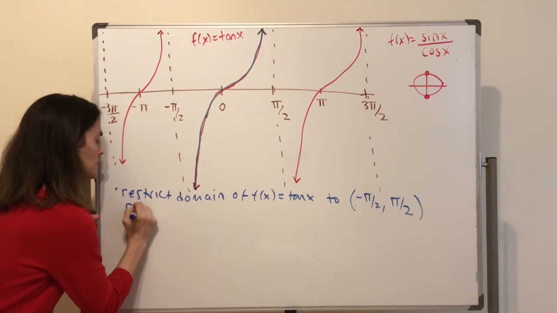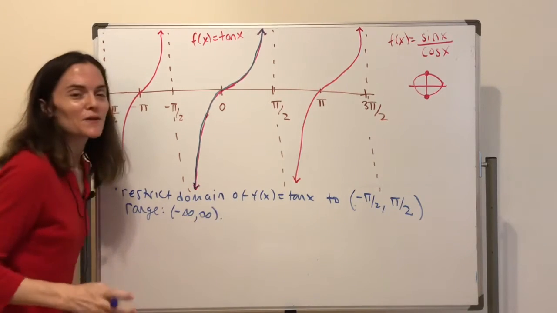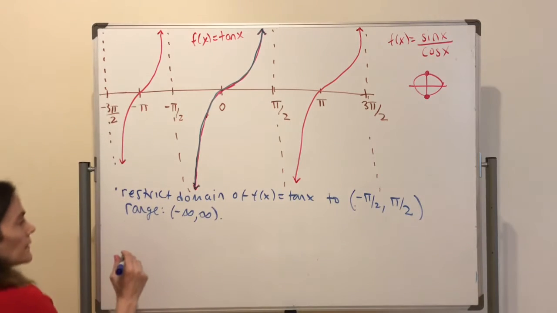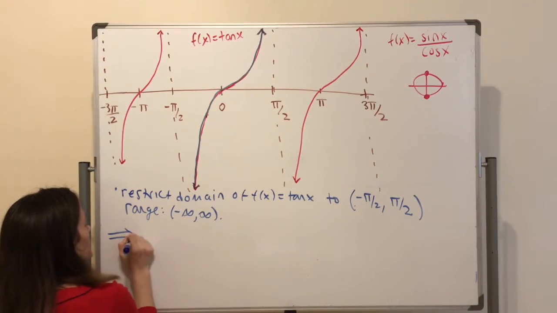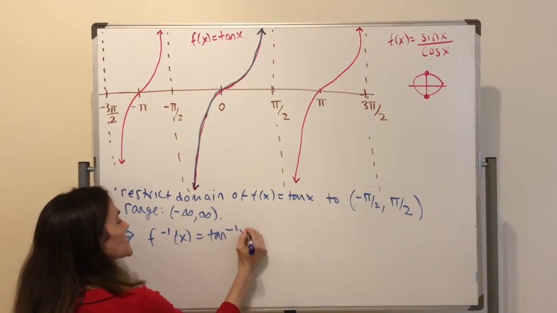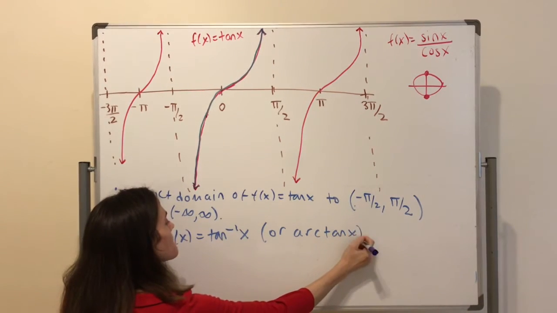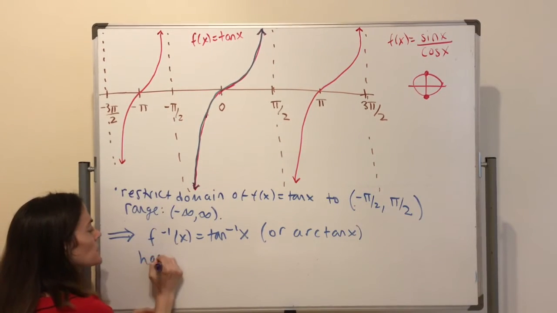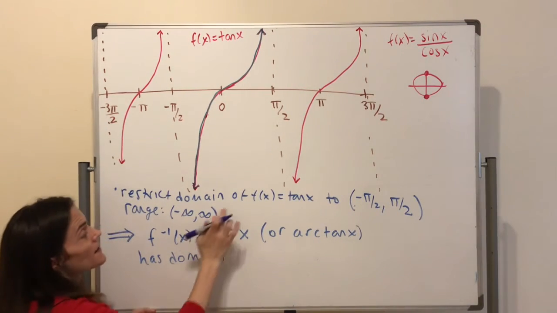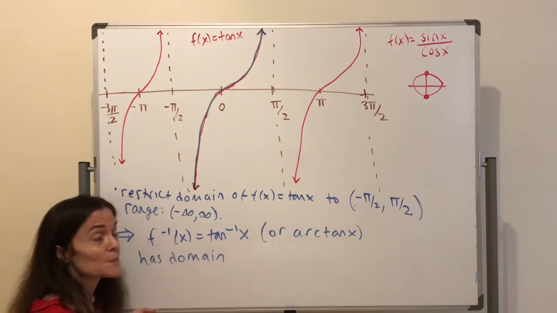Then the range of the tangent is all real numbers. This is one reason why the tan inverse is so beautiful, because f inverse of x, which is the inverse tangent or the arctan, has domain, well, the domain is the range of the tangent restricted to minus pi over 2 to pi over 2, and that is minus infinity to infinity.